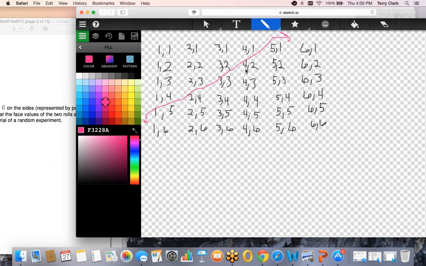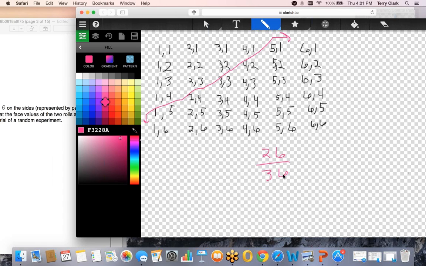Or we could say 1, 2, 3, 4, 5, and then 6, 7, 8, 9, 10, 11, 12, 13, 14, 15, 16, 17, 18, 19, 20, 21, 22, 23, 24, 25, 26. So at that point, we got 26 out of 36.